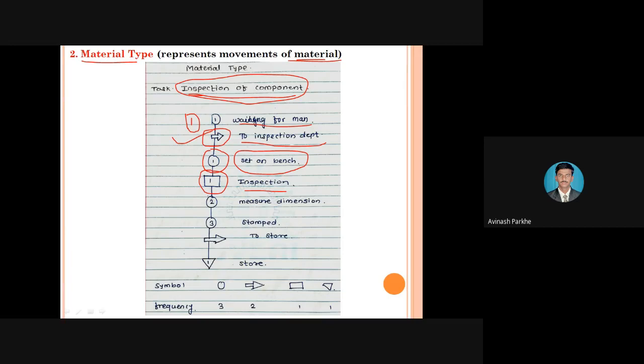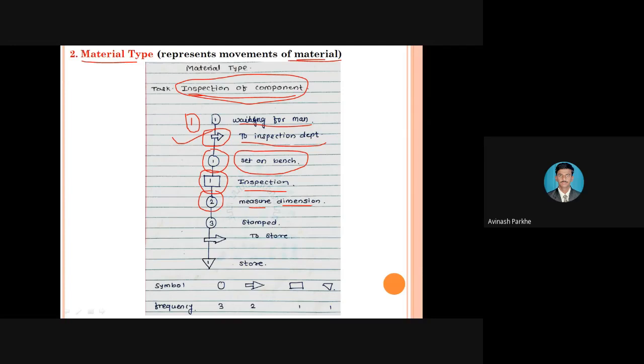Then the fifth operation, measure the dimensions. Whatever task is performed on that material using standard measuring equipment, we are performing that operation. Which operation? Measuring the dimensions.